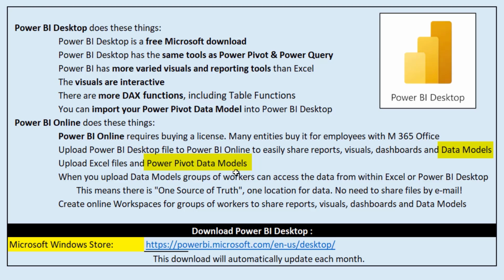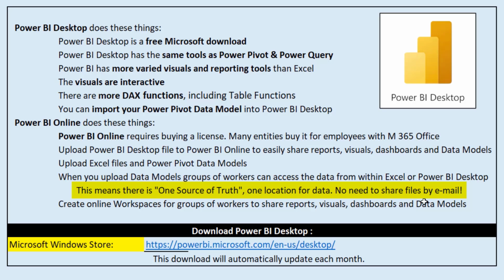Or here at Highline College, an assigned group of students and teachers. That means when you upload data models, groups of workers can access the data from within Excel or even Power BI Desktop. This means there's one source of truth, one location for the data.